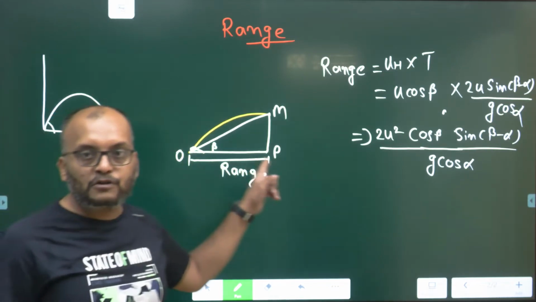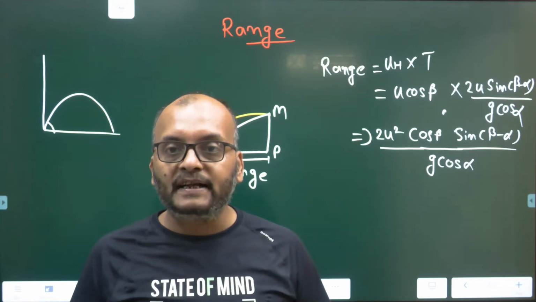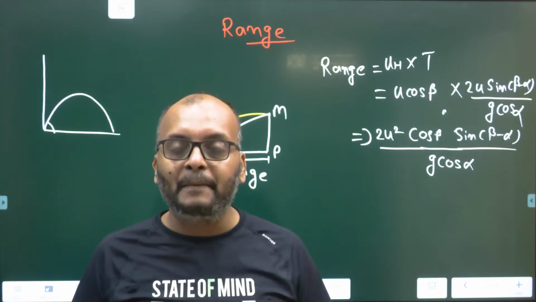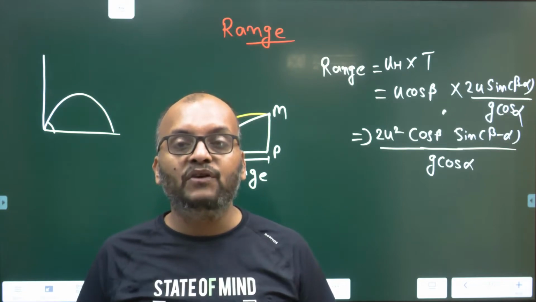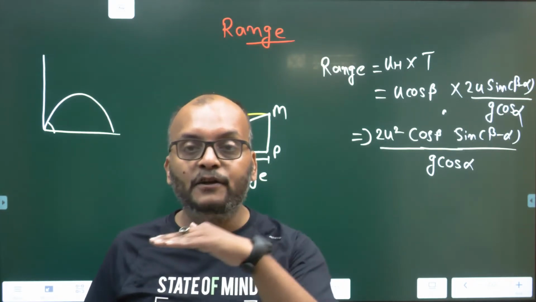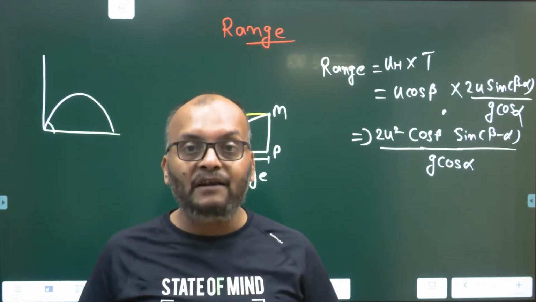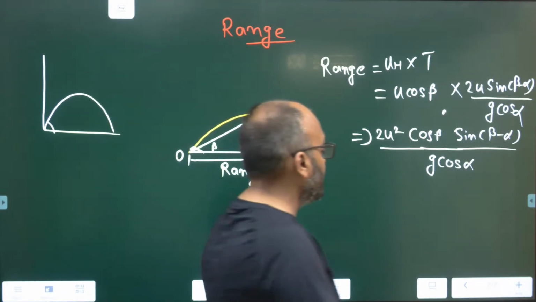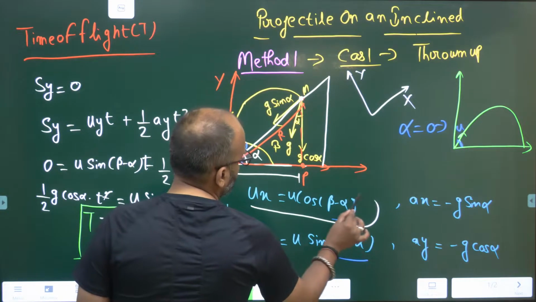So here, the projectile is not making an angle of alpha. The projectile is making an angle of beta minus alpha. But we are not considering alpha because we want to calculate horizontal distance. So we have put the value of alpha as 0 in our horizontal component of velocity.